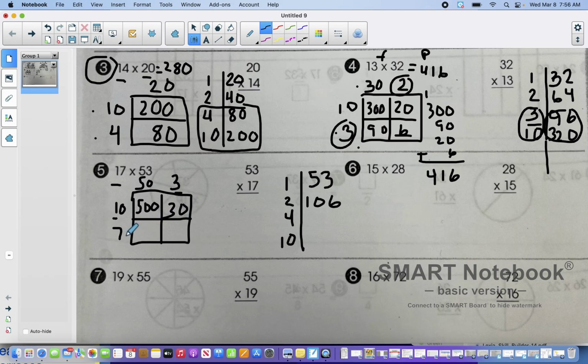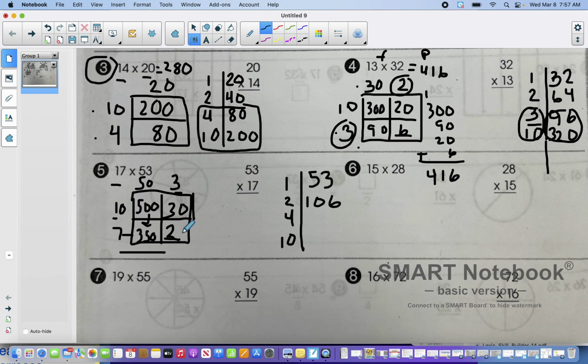Then you go here. It's kind of like the game Battleship. 7 times 5, or 7 times 50, 7 times 5 is 35, but it's 7 times 50, so it's 350. And then 7 over here, and the 3 comes down. They meet up here. Count by multiples of 7. 7, 14, 21.